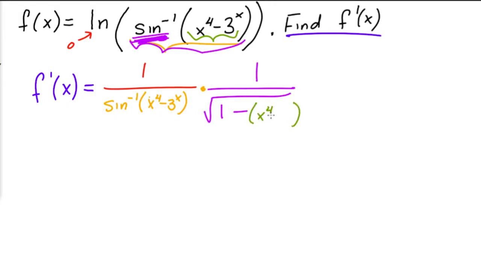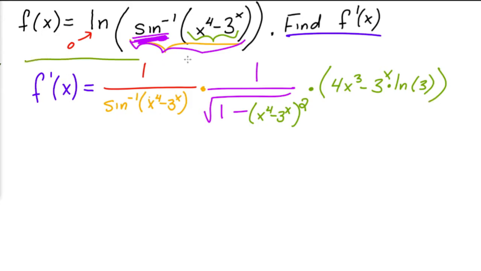So x to the fourth minus 3 to the x, squared, times the derivative of that guy, which would be 4x to the third minus 3 to the x times natural log of 3. And that's it.